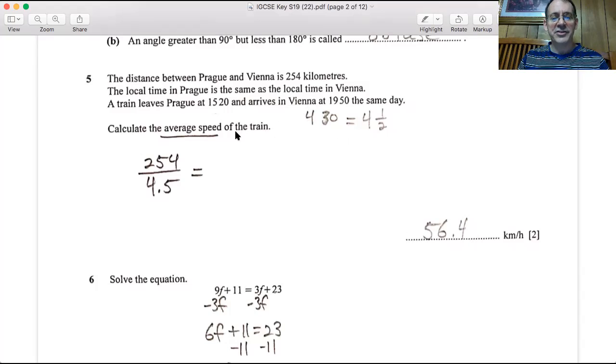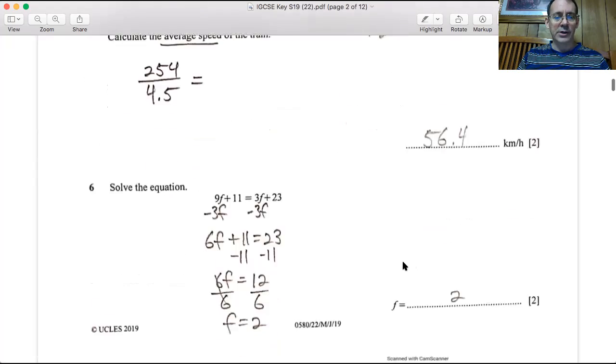Calculate the average speed of the train. Remember, average speed is total distance divided by total time. So the total distance is 254. The time is 4 hours and 30 minutes, which is 4.5 hours. And when you divide that, you get 56.4 kilometers per hour.